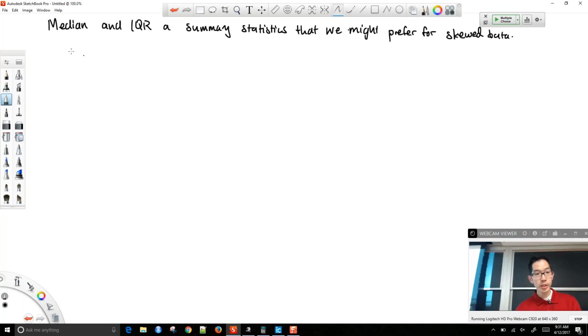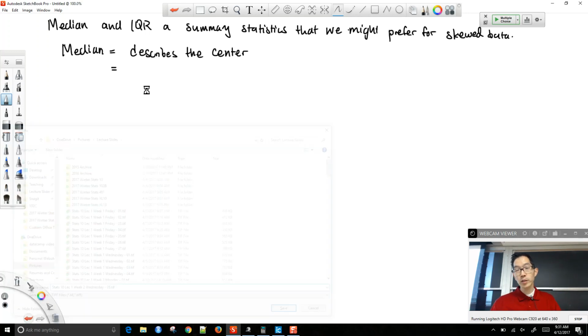So the median, like the mean, is a measure of center, okay? It describes where the center is. The mean also describes the center. What did we say was the conceptual definition for the mean?